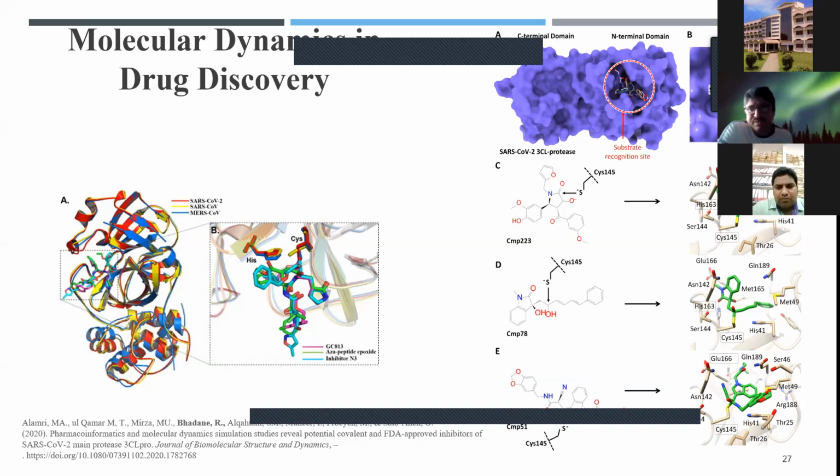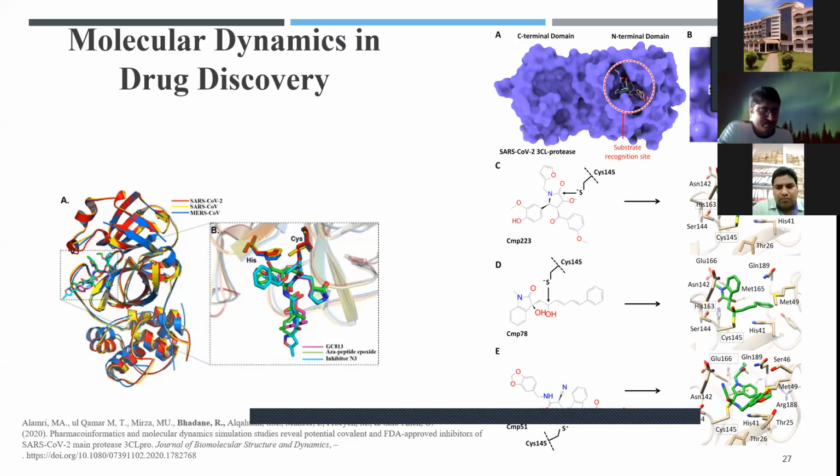Once you minimize the system, then you need to equilibrate the system, because minimization is normally a very gentle way to shake the structure. When we do the MD simulation, it is not that gentle, and a lot of forces are applied.